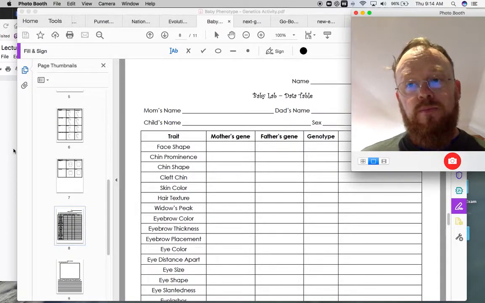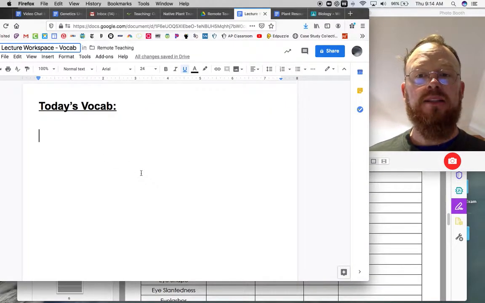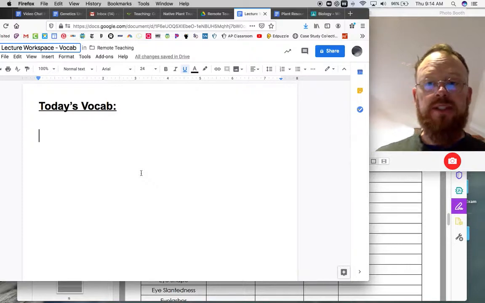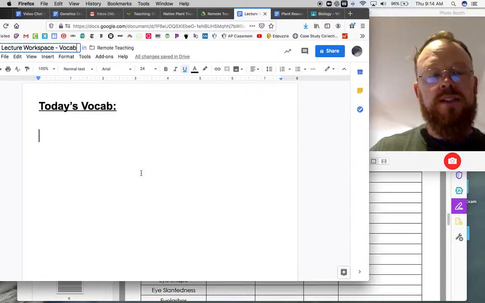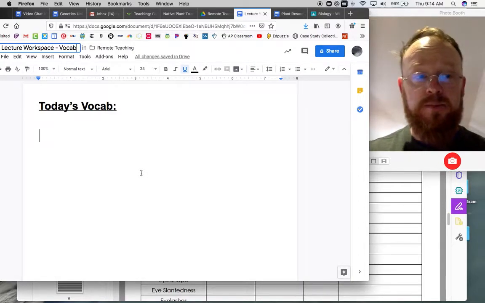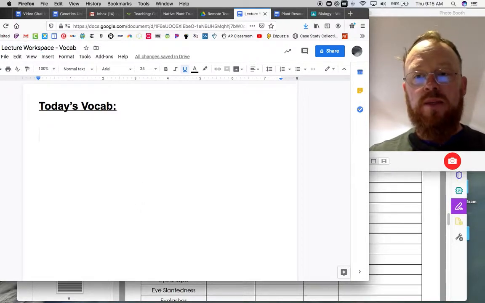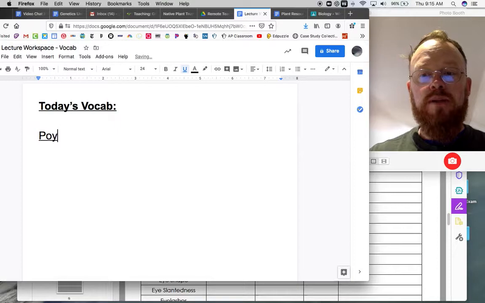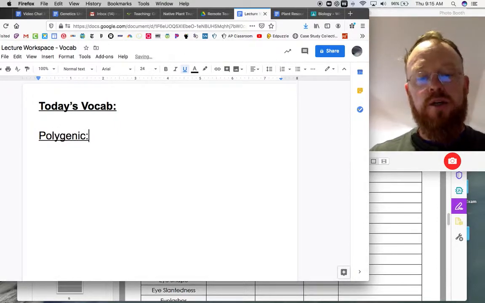There's one newish idea presented in this activity. It did come up once or twice in some of the genetics work we've done already, but let's be clear about it. This idea is a trait being polygenic.